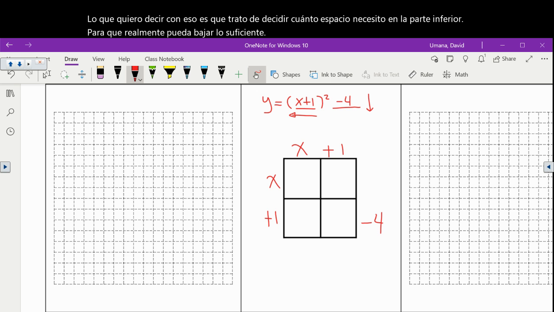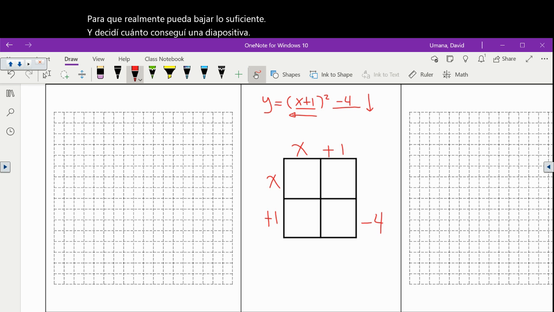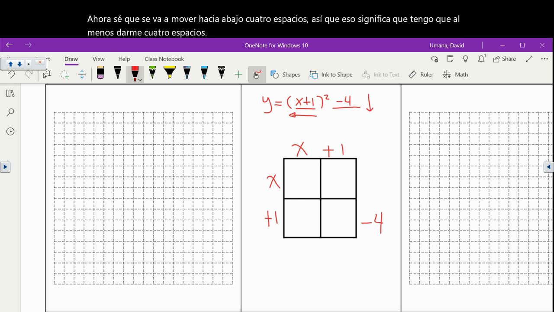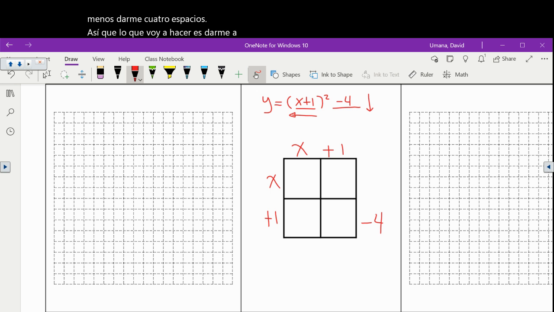And I decide how much I gotta slide so that I'm not too much on one side or the other. Now I know it's gonna move down 4 spaces, so that means I gotta at least give myself 4 spaces. Okay? So what I'm gonna do is I'm gonna give myself 5 spaces. So I'll say that I have one, this is 1 space, 2, 3, 4, 5.